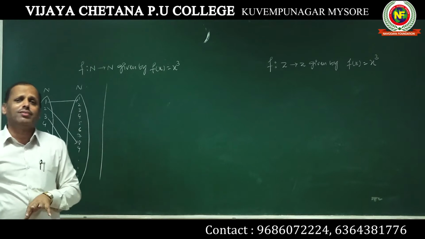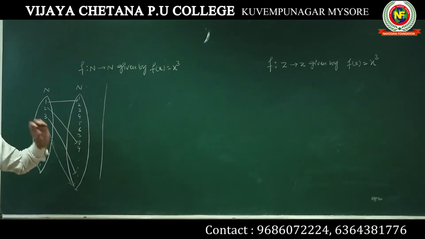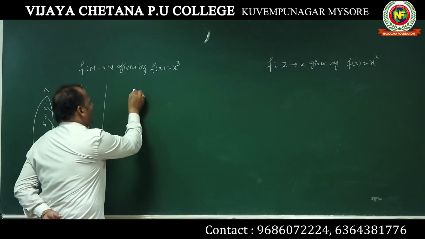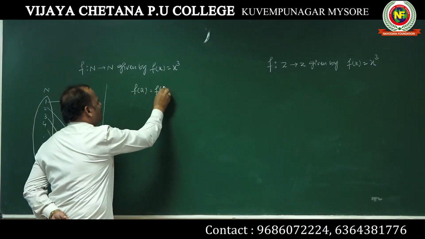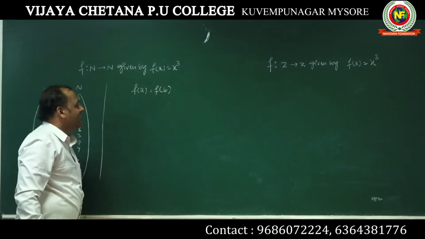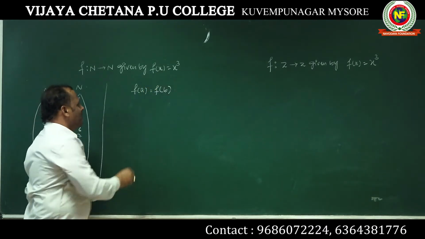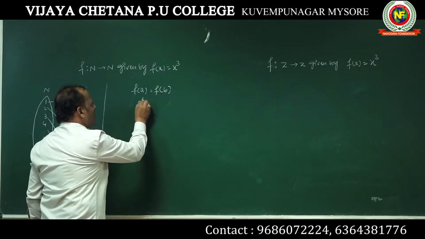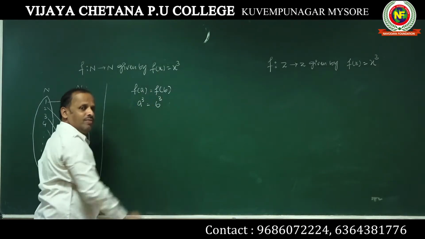But we cannot write it like this in the exam. How to express this? I take f of a equals f of b. Here f of a means a cube, and f of b means b cube.